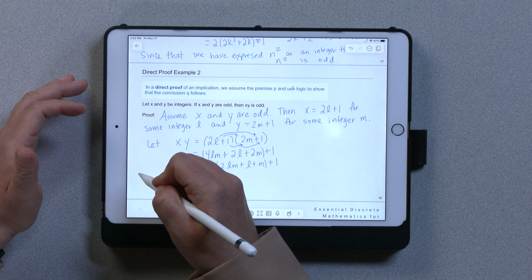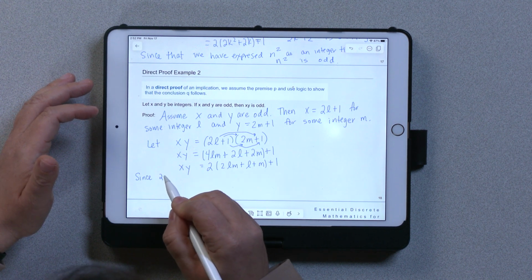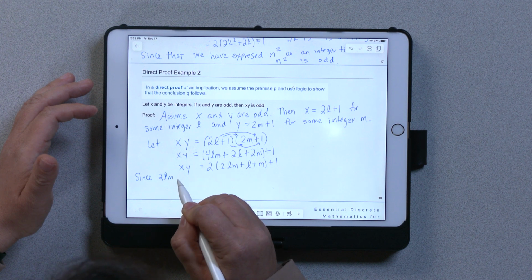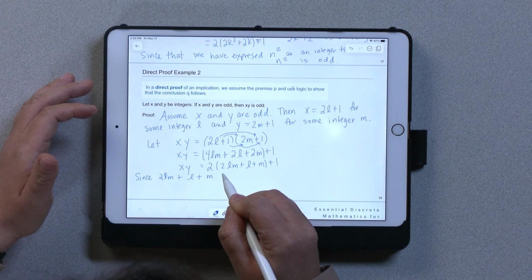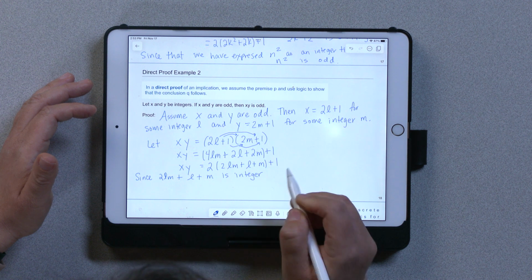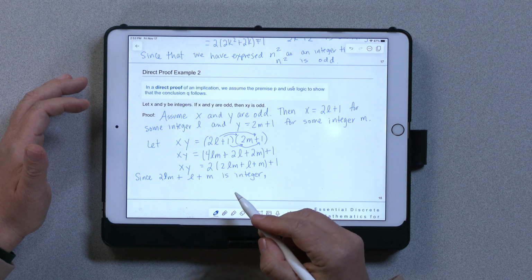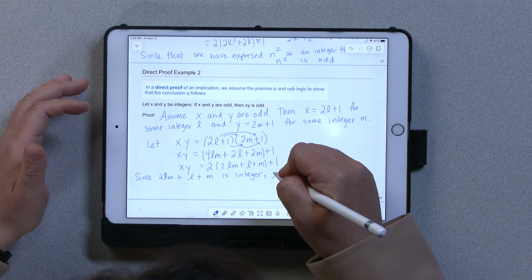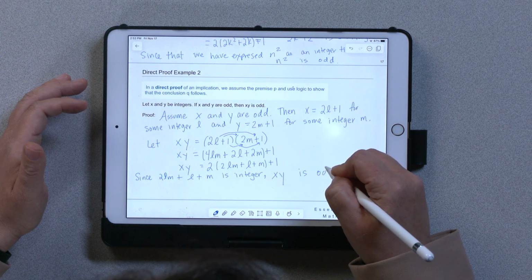So since 2lm plus l plus m is an integer, we've just expressed xy as 2 times an integer plus 1, xy is odd.